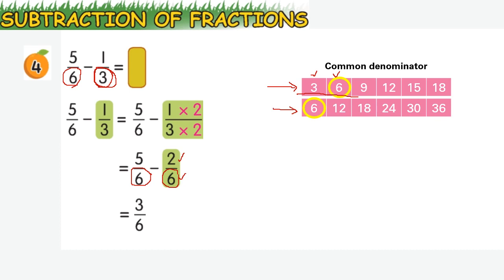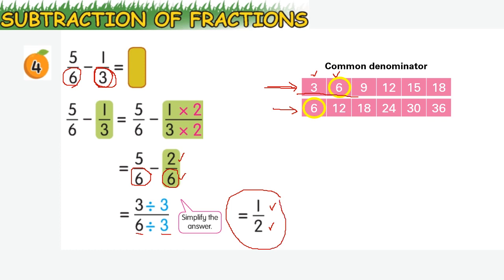So by looking at table 3, make sure we simplify to get the answer. So we divide by 3. 3 divided by 3 is 1. 6 divided by 3 is 2. Now this is the simplest answer, meaning that this is the final answer of this question. So the answer is 1 over 2.